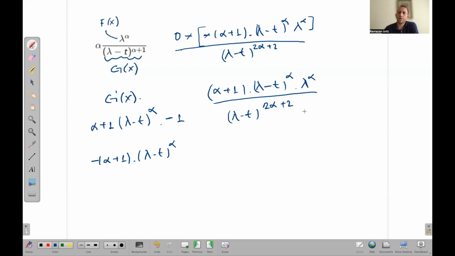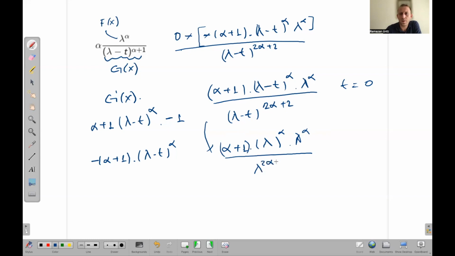So this is the second derivative of the moment generating function, but we need to evaluate it at t equal to 0, right? So this will be alpha plus 1 times lambda to the alpha, because t is 0, times lambda to the alpha, divided by, again, lambda to the 2 alpha plus 2.